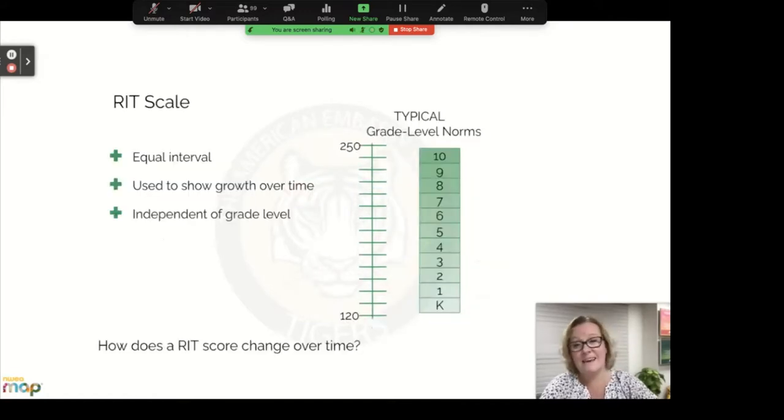Now, the RIT scale is equal interval, and it means that each band is about 10 RIT points apart. It really shows us that growth over time with students, and it's independent of grade level. Typically we'll see 3rd graders scoring at about a 180. Typically we'll see maybe 9th graders scoring around a 220 or a 230.